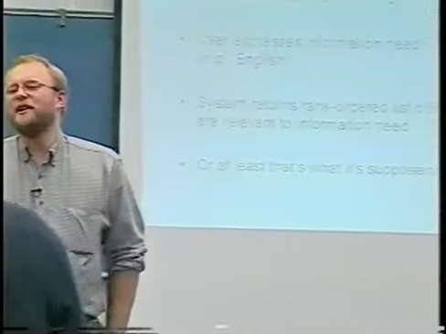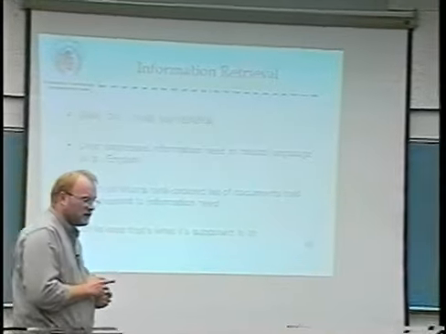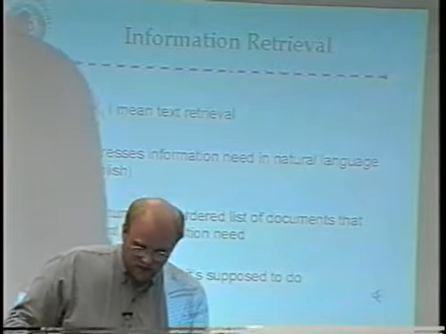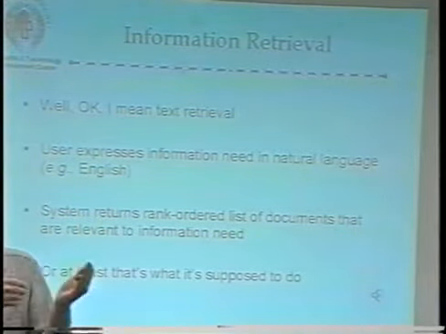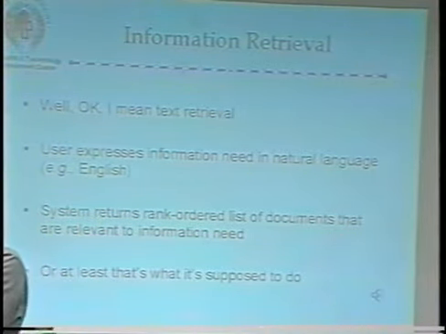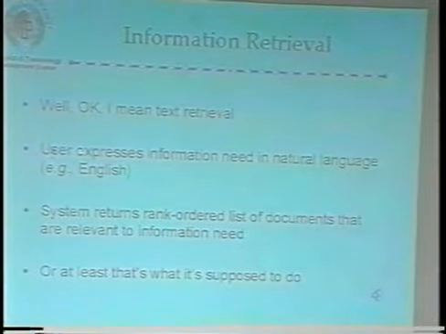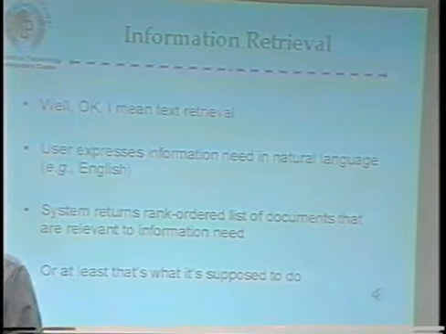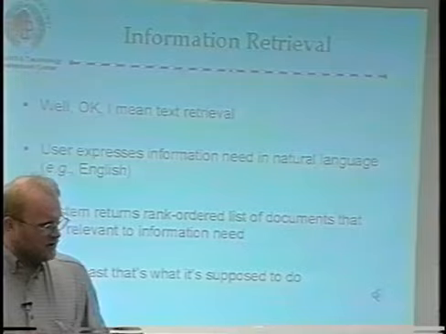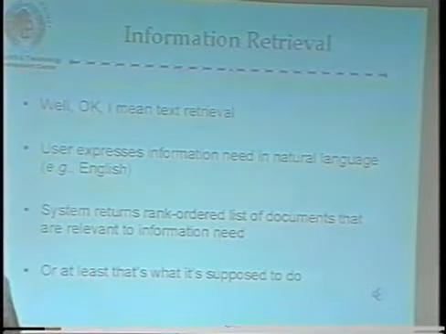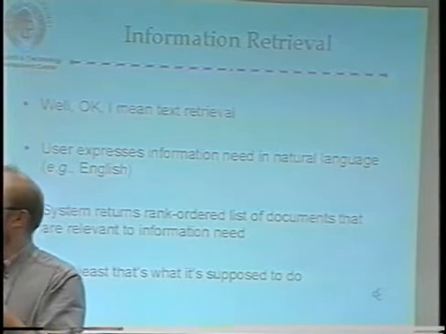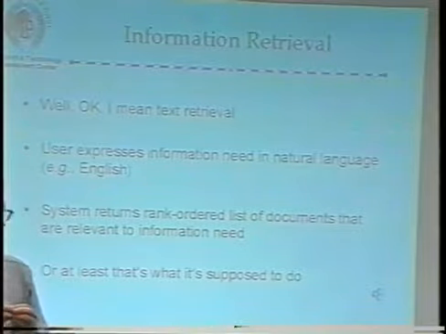Okay, so information retrieval. What do I mean by information retrieval? Well, what I really mean is text retrieval. That's sort of the traditional notion of information retrieval: you have a big wad of natural language text. You index it. Somebody comes up with a query. They type it in. You get back a bunch of articles, just like you might with Alta Vista or Google. So the user's query is in natural language, say English.